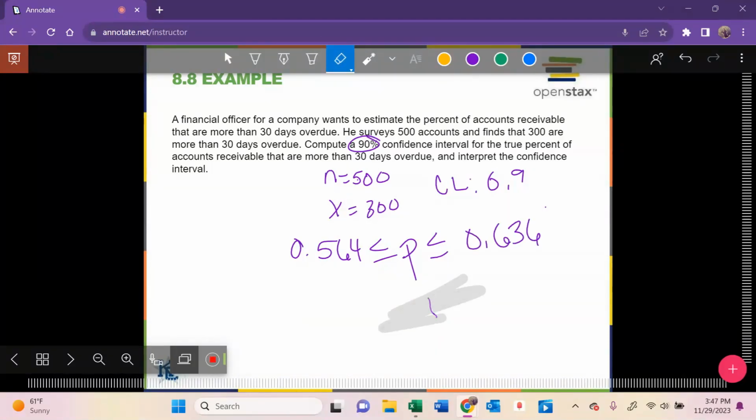So when it says interpret the confidence interval, what that means is, what is this saying?